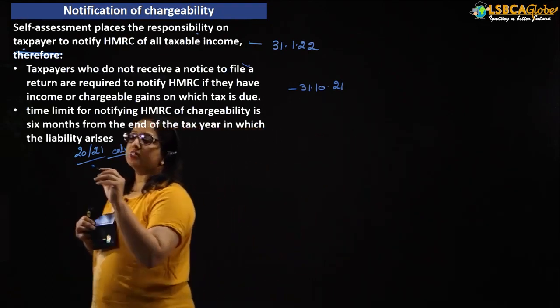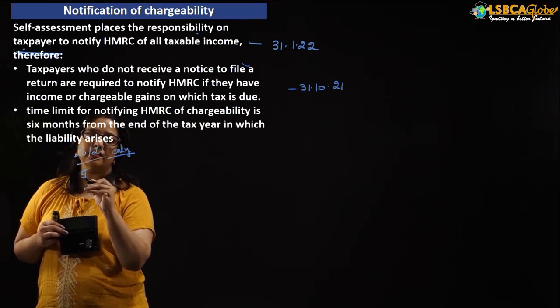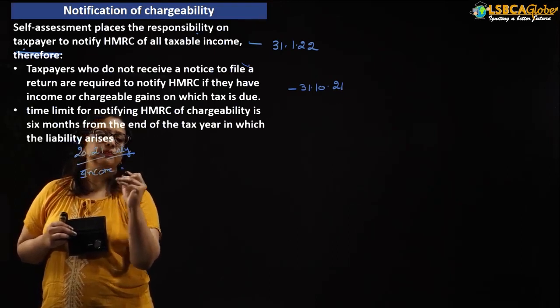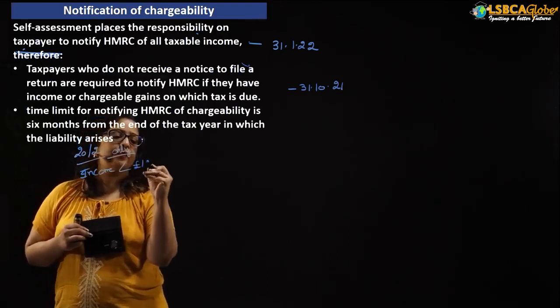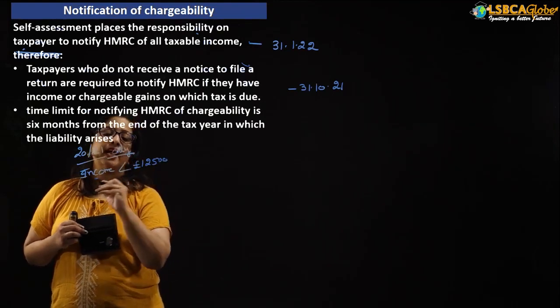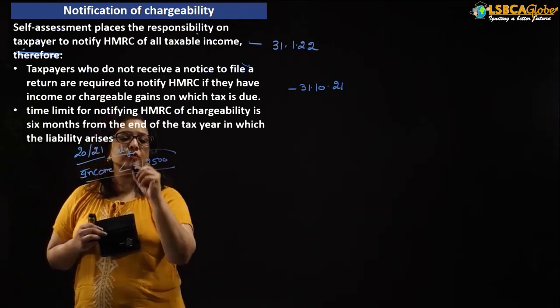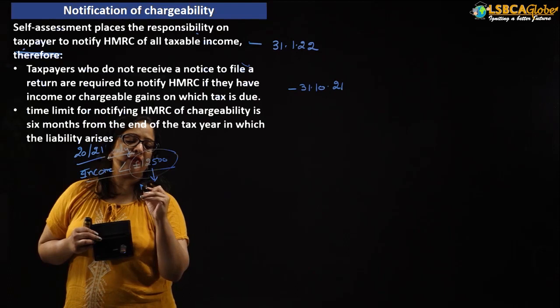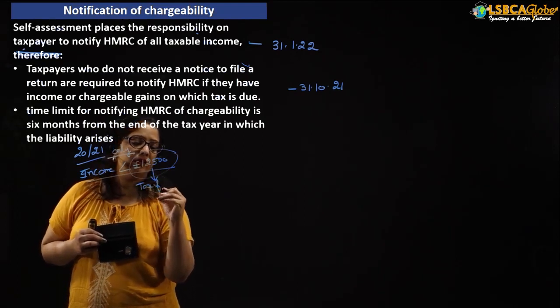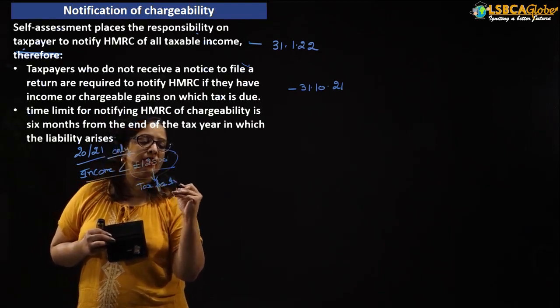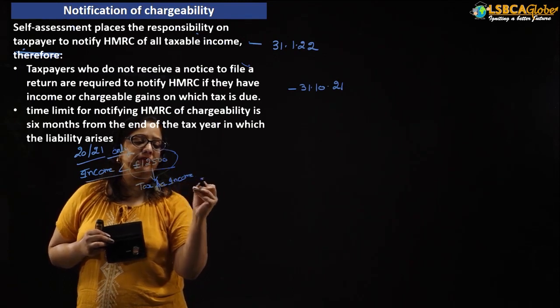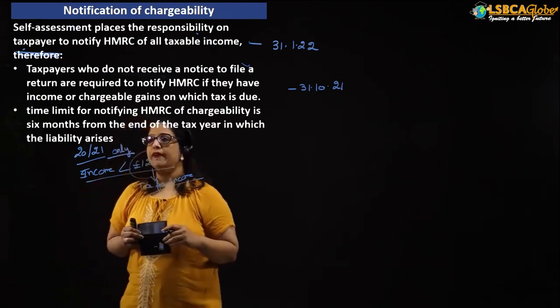If that person's income is less than 12,500, that is less than the PA. Now you know that up to 12,500 is tax free income. Then also is there a need to notify, class? Tell me.